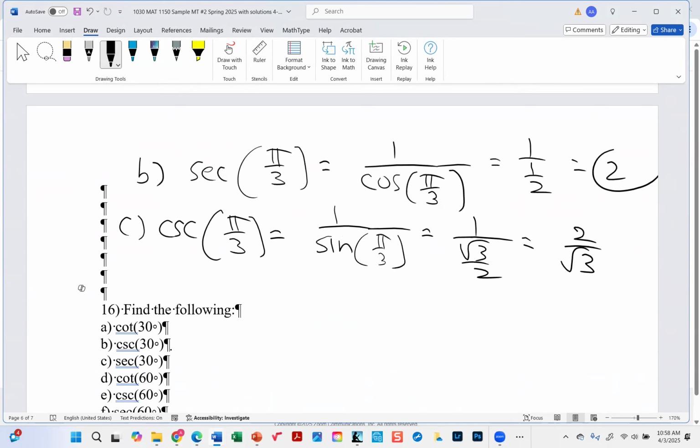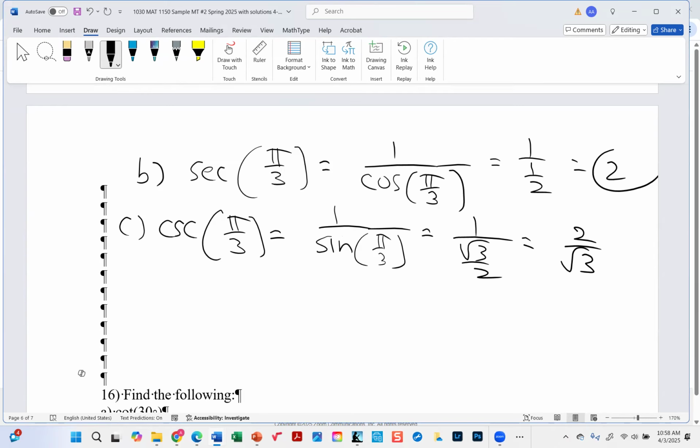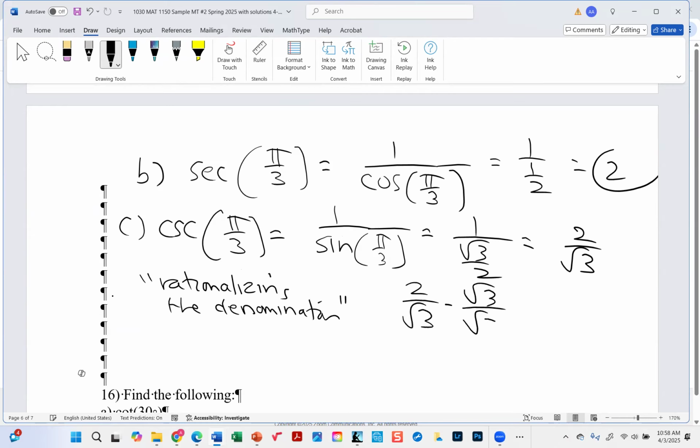Now, by convention, we do not want to have a radical in the denominator. So we engage in a process called rationalizing the denominator. In other words, turning it into a rational number. And that means what we're going to do is multiply this by radical 3 over radical 3, which is 2 radical 3 over 3. All right. So that takes care of that one.